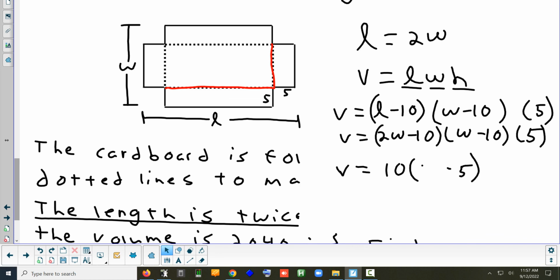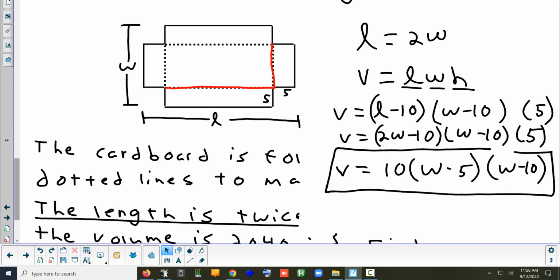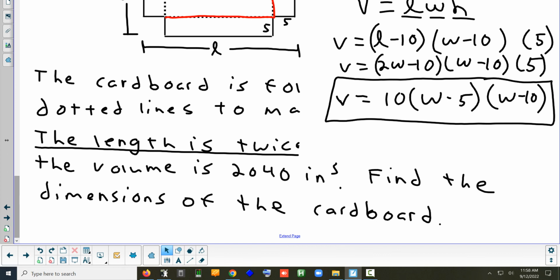So you can make it W minus 5 if you pull the 2 out and multiply it with the 5, and W minus 10. So there is a formula for your volume. There's a formula for the length, but we already used it. And what did they say the volume was equal to? 2040.